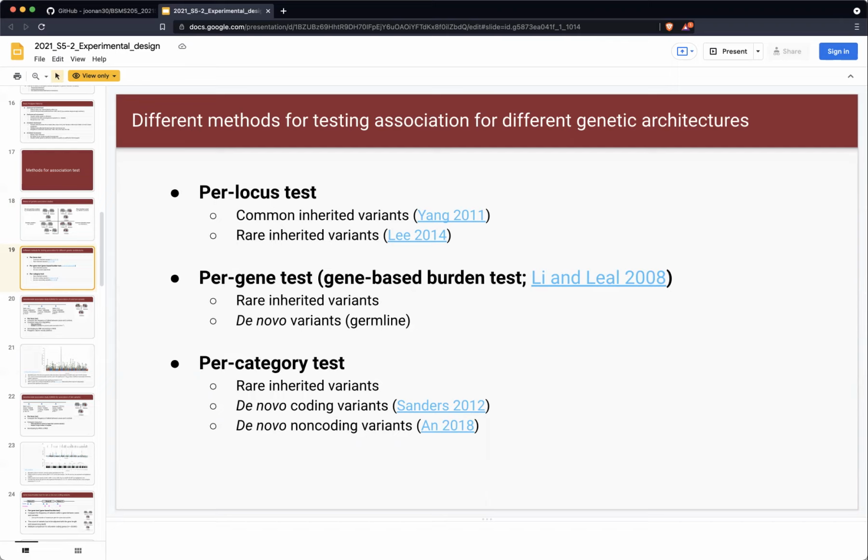The first one is the test based on locus. We call it the per locus test because you are testing association based on locus, right? In that case, you can compare between case and control. Especially when you analyze common variants or rare variants inherited from your parents, you are using the per locus test, right?